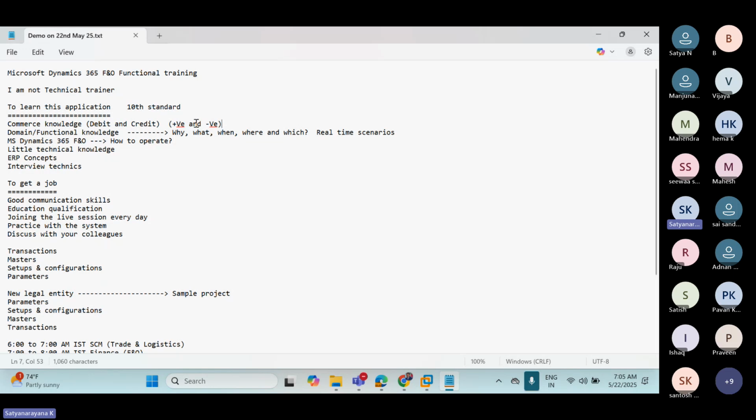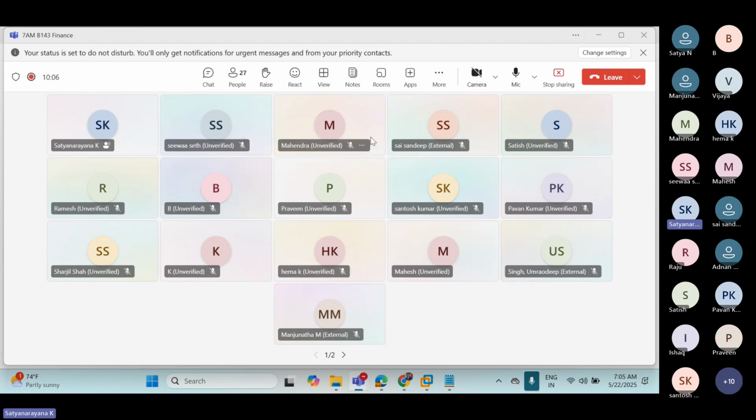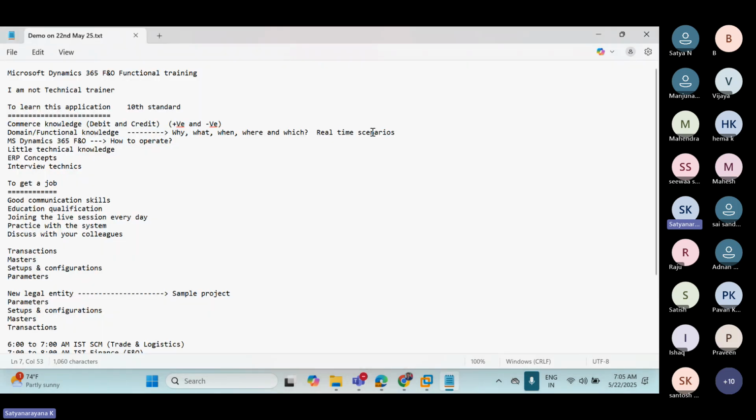Positive and negative, meaning suppose minus 65 plus 38, then what is the value? If you are confused and don't know, then you cannot learn finance. So if you are clear on plus and minus, you can learn this commerce knowledge. I will teach you all these skills.